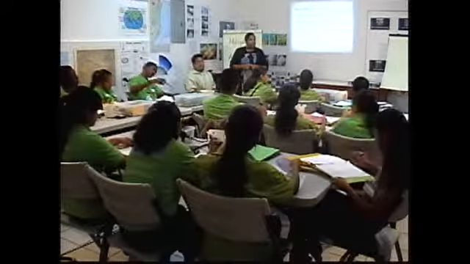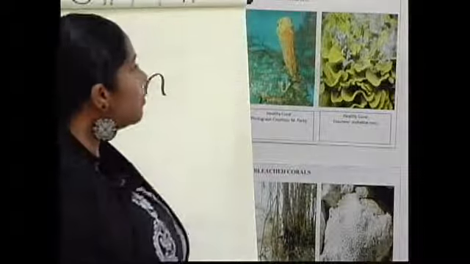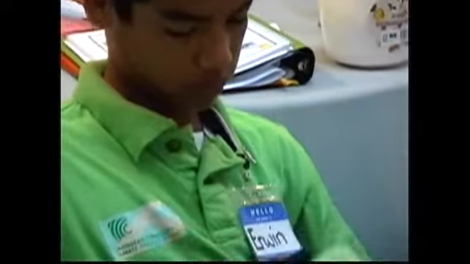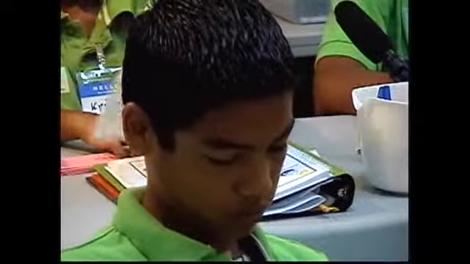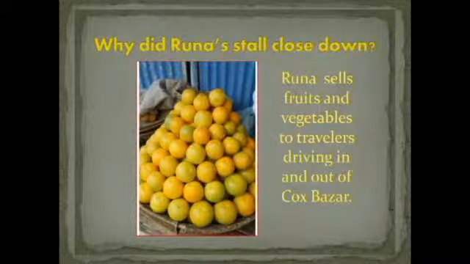Now you have some colored strips in front of you. Can you identify them, please? And you're going to solve a mystery for me, right? And it is called Runa's mystery. And that will have you answer the question, why did Runa's stall close down?